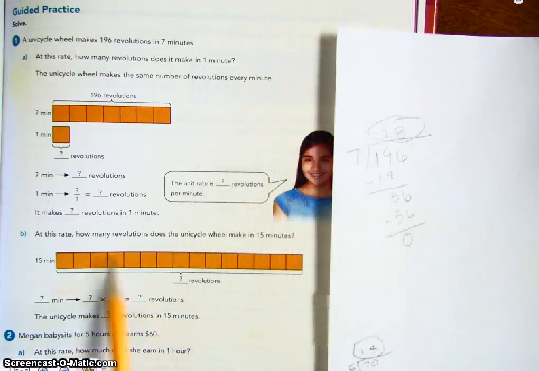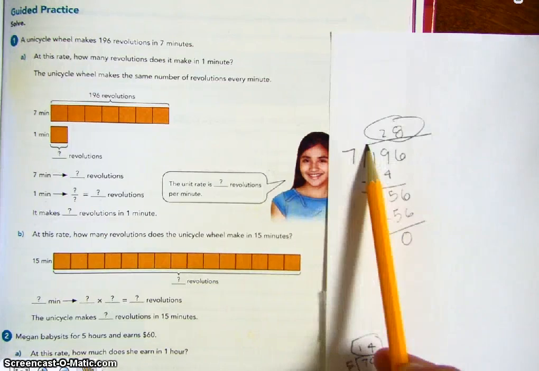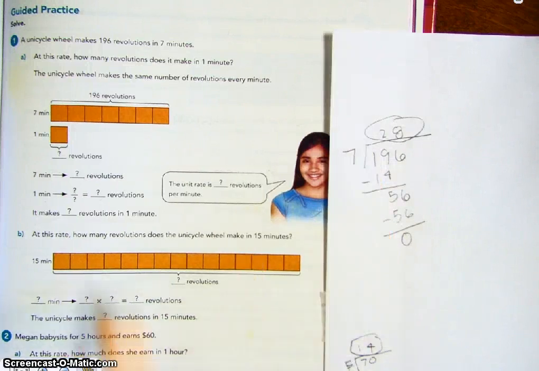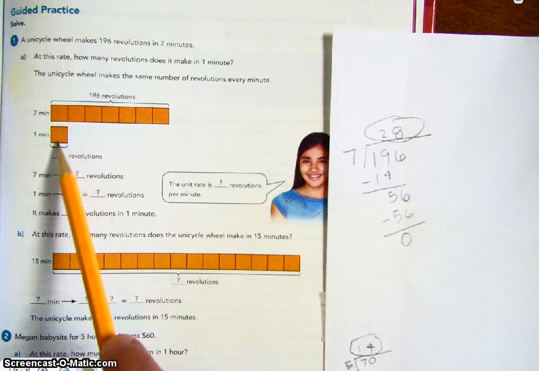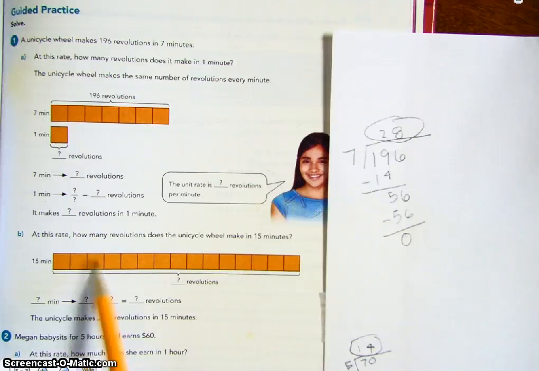At this rate, how many revolutions does the unicycle make in 15 minutes? So we would take our unit rate of 28, and we would say now I need to times that by 15 to figure out how many for 15 minutes. Remember, up here we made it so 1 unit is 28 revolutions for 1 minute. So it's going to be 28 here as well, and that would just be 15 times 28.